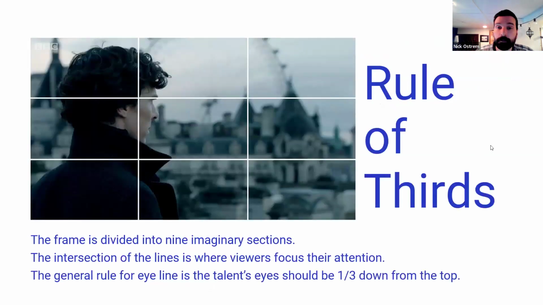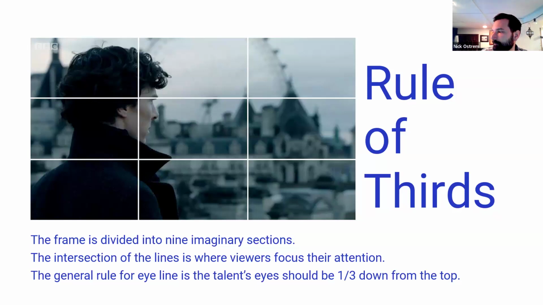Keep in mind the rule of thirds. If you've ever done photography, you've heard of this. Basically, you imagine the frame with two horizontal lines and two vertical lines cutting it into a grid. Wherever you want the viewer's eye to go should be at the intersection of one of those grids.